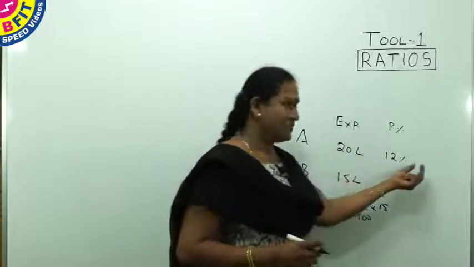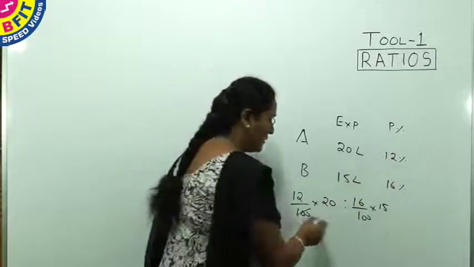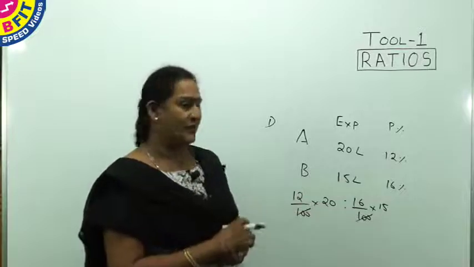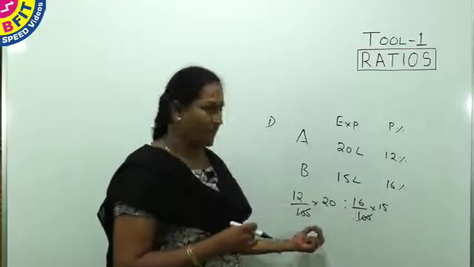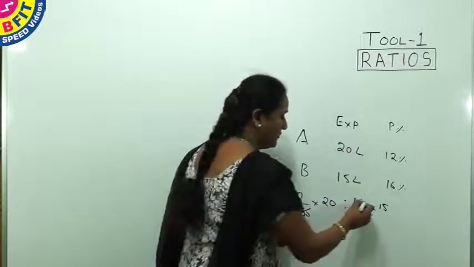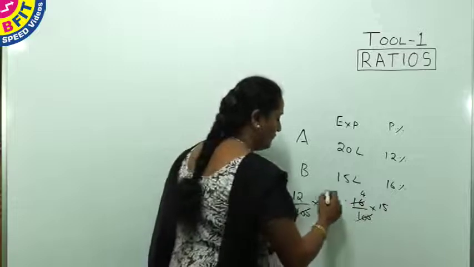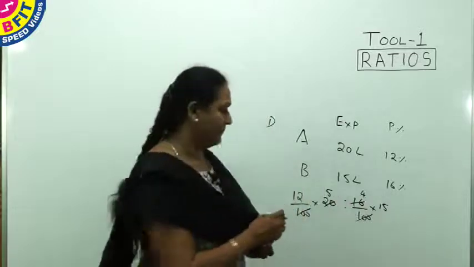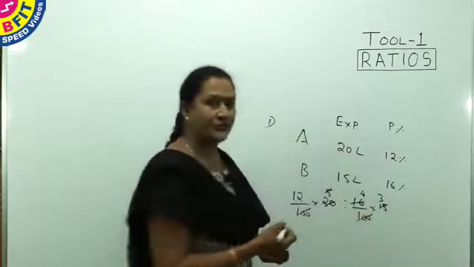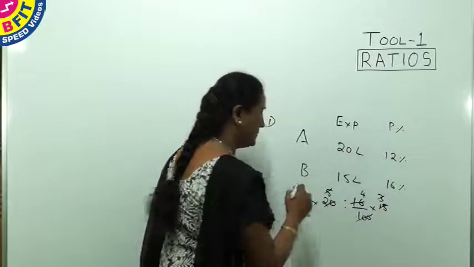Instead of finding the values, just write in this format and cancel the common factors. 100 is common, so cancel it out. 4 times 4 is 16 and 5 times 4 is 20; 5 times 3 is 15 and 4 times 3 is 12.